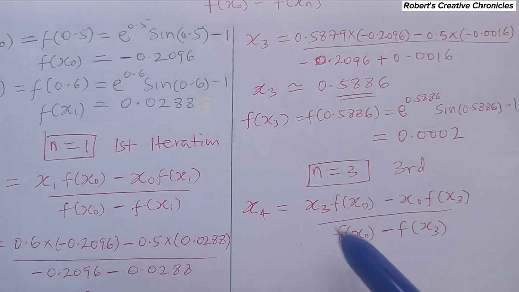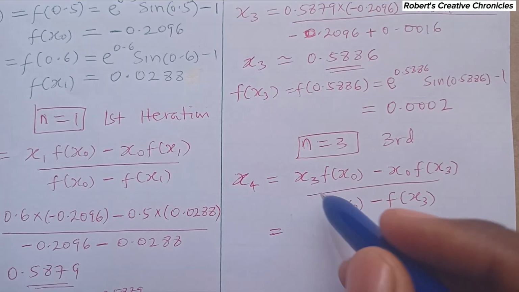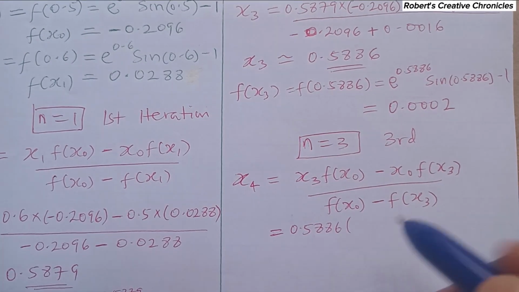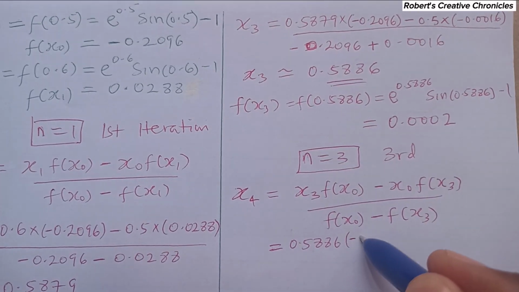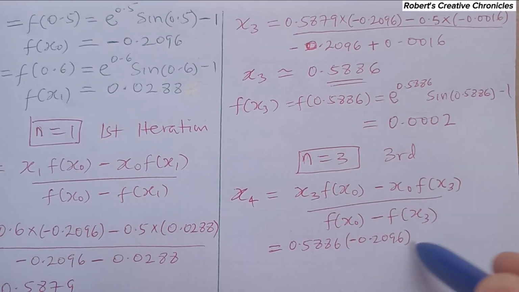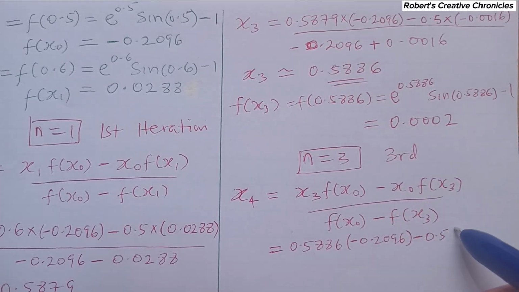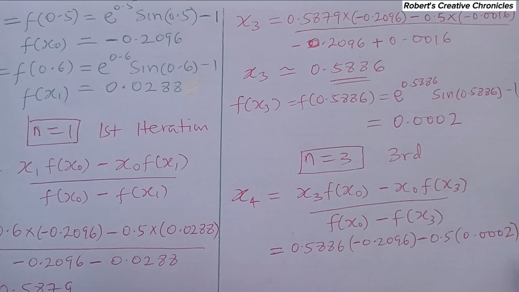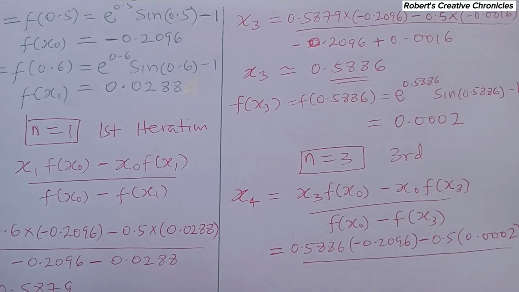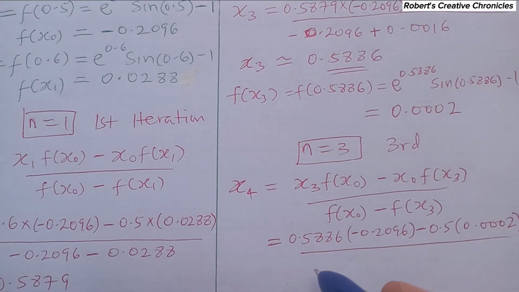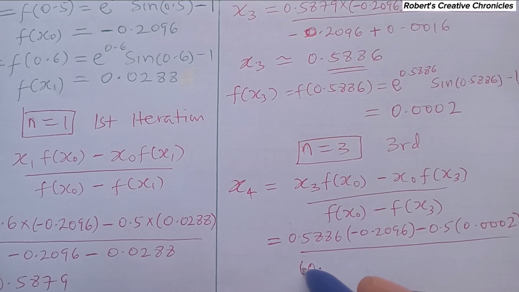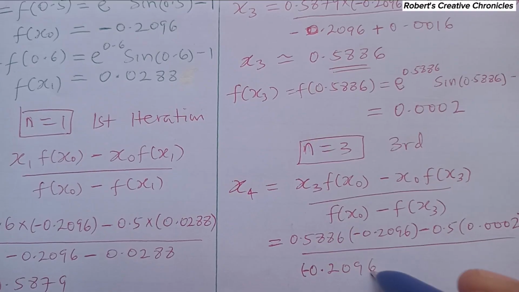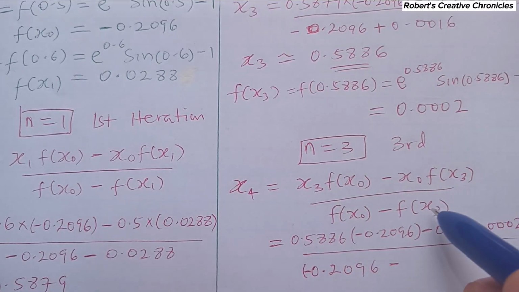So now we can substitute the values inside. x3 is 0.5886, f(x0) is the same, f(x3) is 0.0002, f(x0) is negative 0.2096, minus f(x3), which is this.